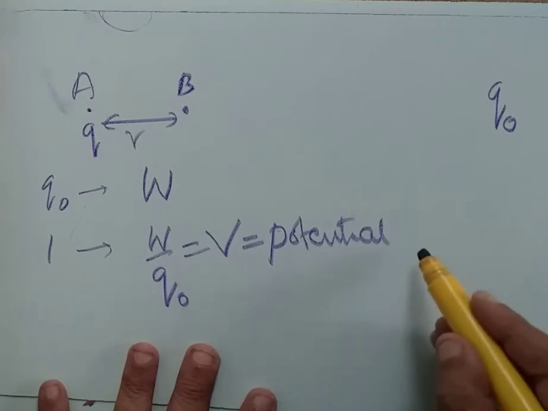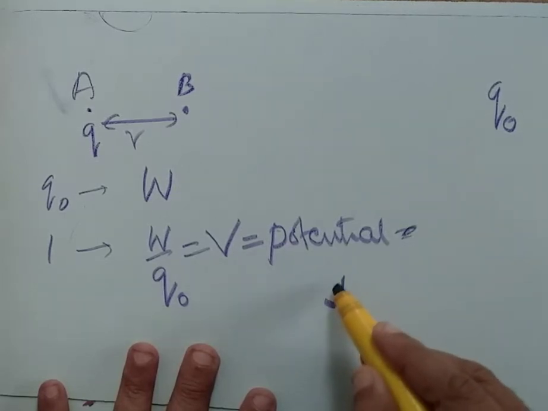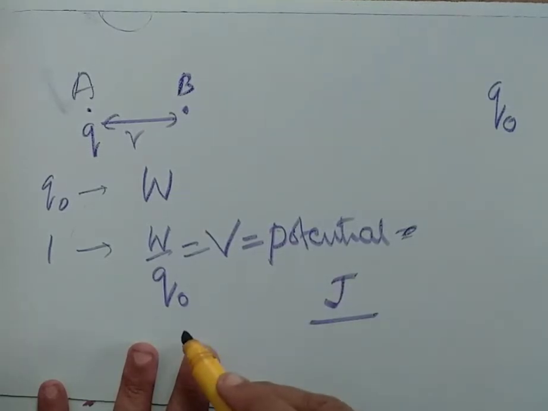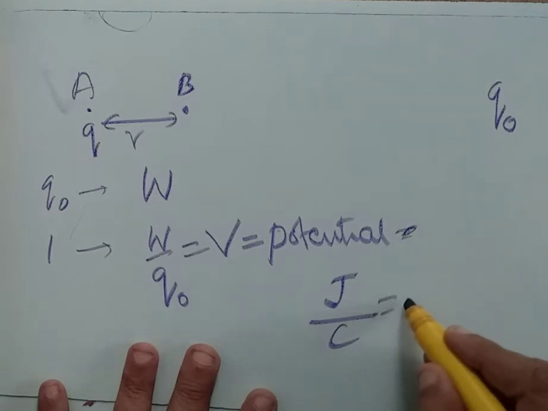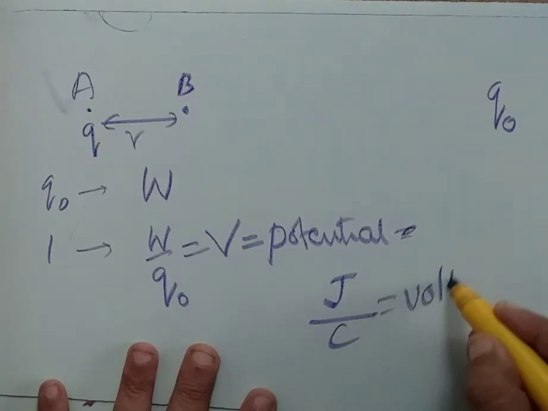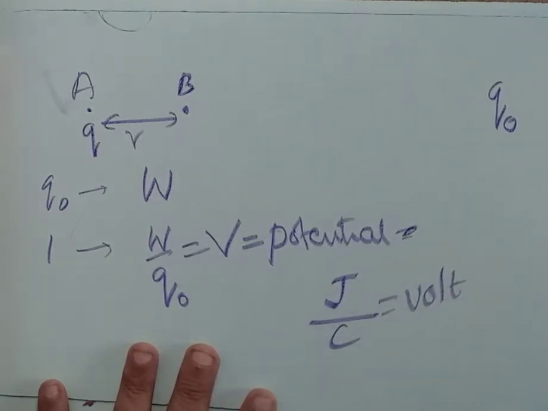It is work done, measured in joule, and charge unit is coulomb. So joule per coulomb is the unit of potential, and its standard form, as you know from your 10th standard, is volt. Volt is the name for the electric potential unit, and 1 volt is 1 joule per coulomb.